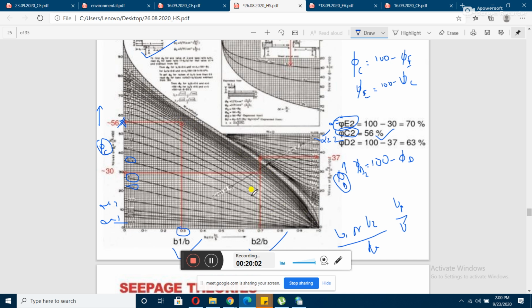We have to draw a perpendicular from this to this curve, then we have to draw the horizontal like this, and the phi c value turns out to be 30. So what will be the value of phi e? It will be 100 minus phi c, that is 100 minus 30, and that turns out to be 70. In this way, from the curve you can get the value of phi e2, c2 and d2.